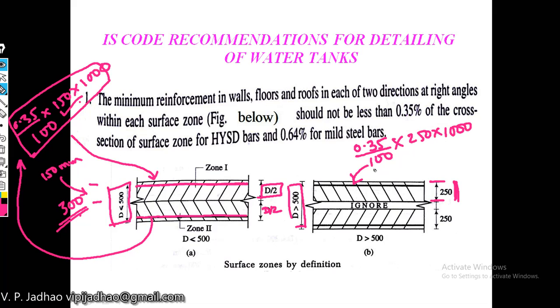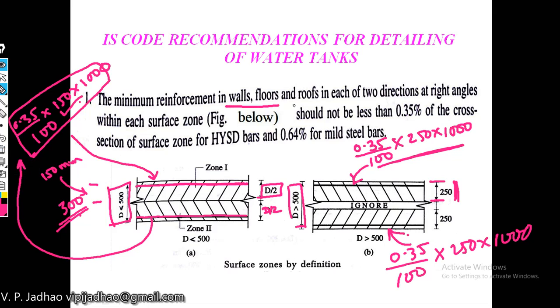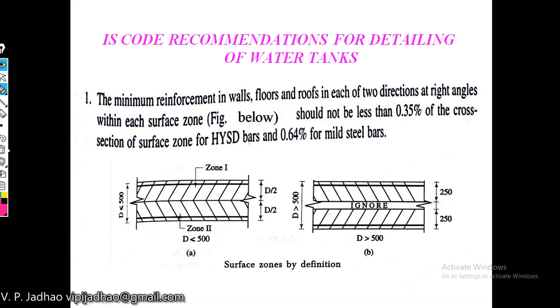So this will be the AST minimum which will be provided in the top, and a similar amount of AST, that is 0.35 divided by 100 into 250 multiplied by 1000, will be provided in the bottom face for these particular members, that is for walls, floors and roofs.